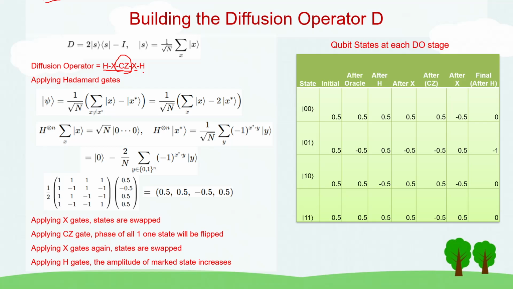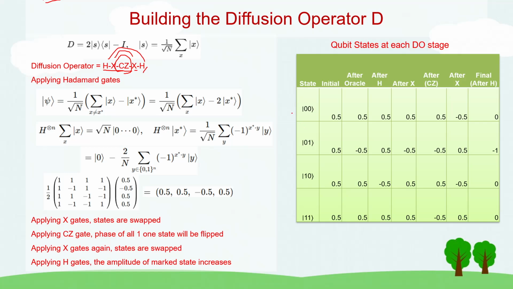Then again you undo the operation. Whatever you did here, you undo. There is some mathematics, and you can understand what happens at each stage. I will not go into the detail, but this table will give you some idea.